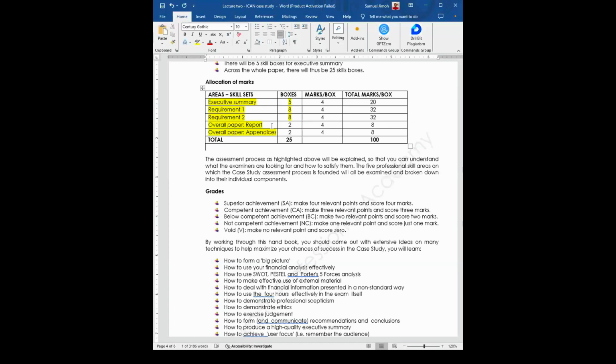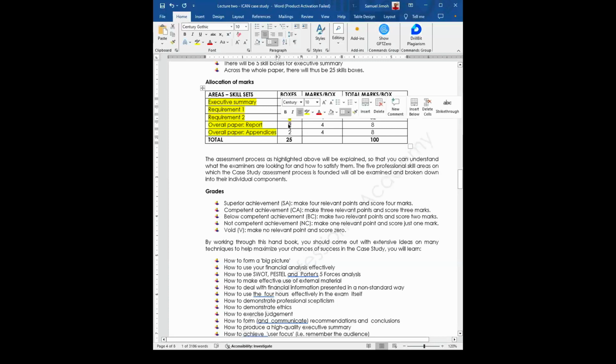How did you present your point? Have you presented your point in sentences or paragraphs? These are some of the little skills that they will look for. So there are 2 of those skills that they will look for in your report.